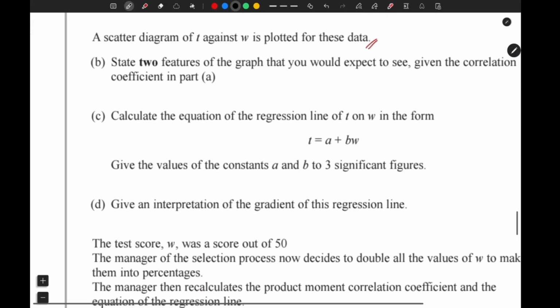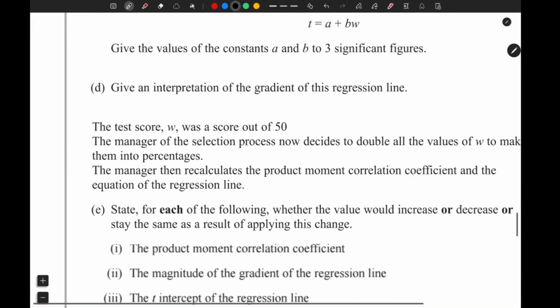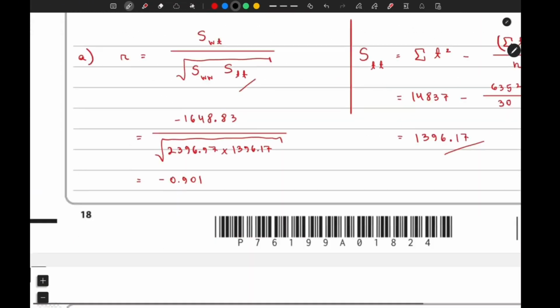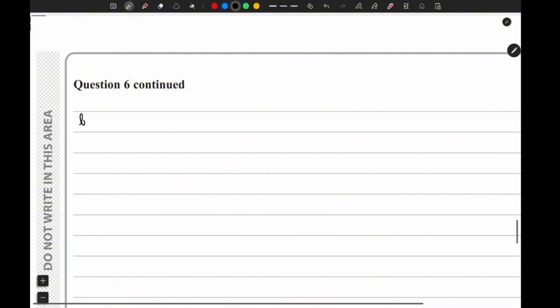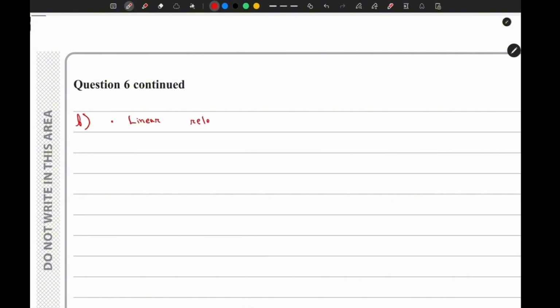So we need to state the two features of the graph that you would expect to see. The first feature is a linear relationship between t and w, and the second feature is that the gradient will be negative.